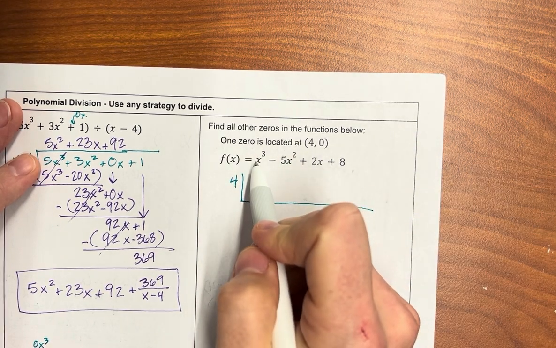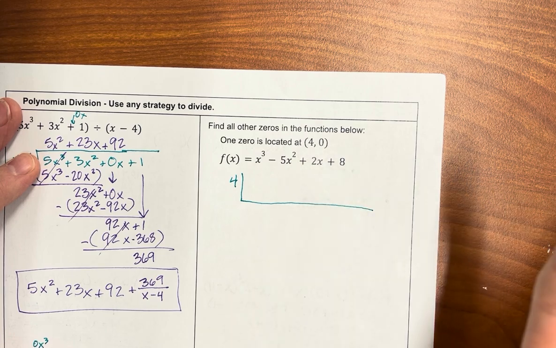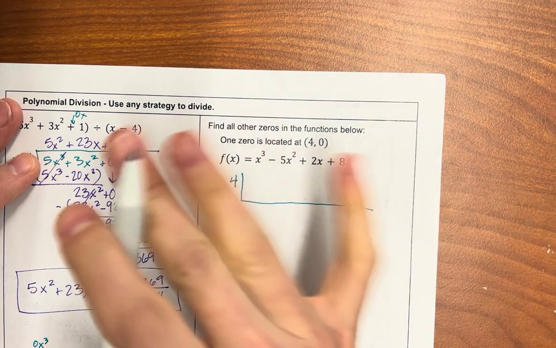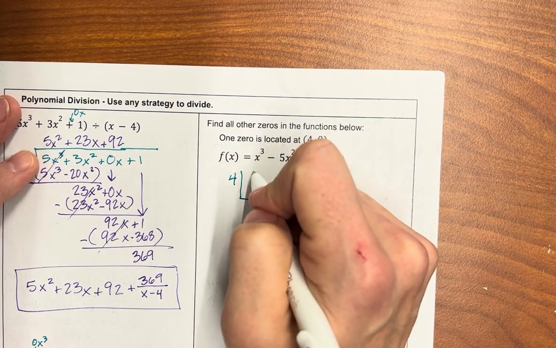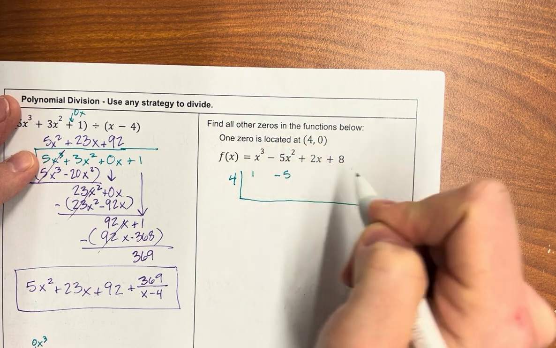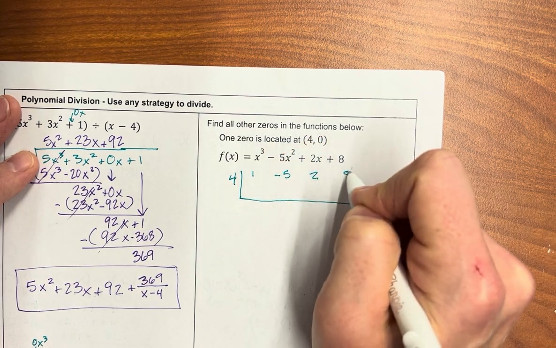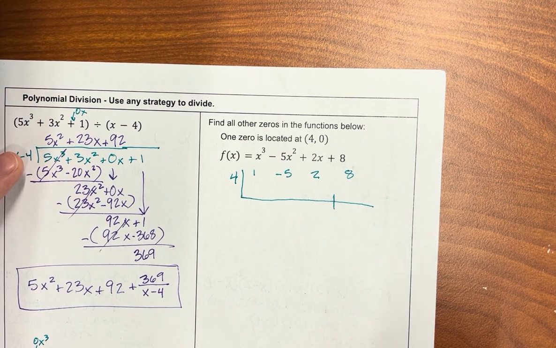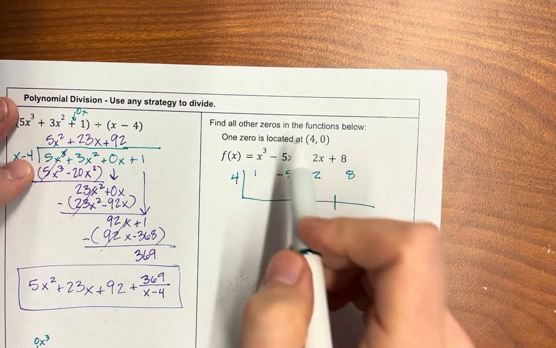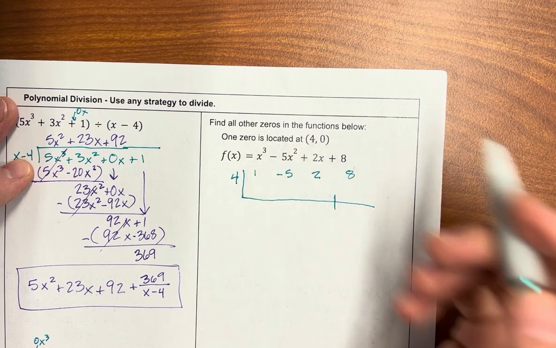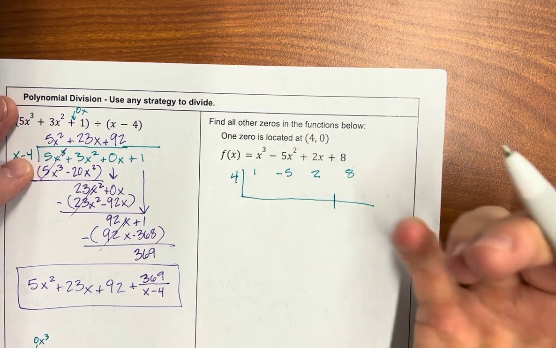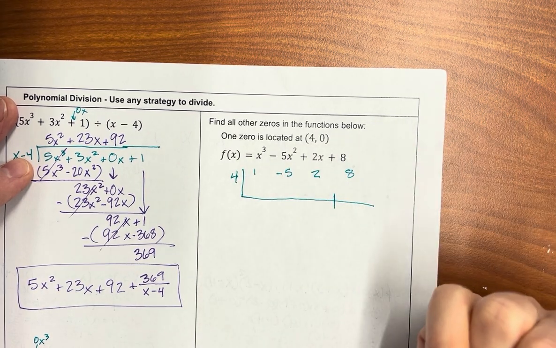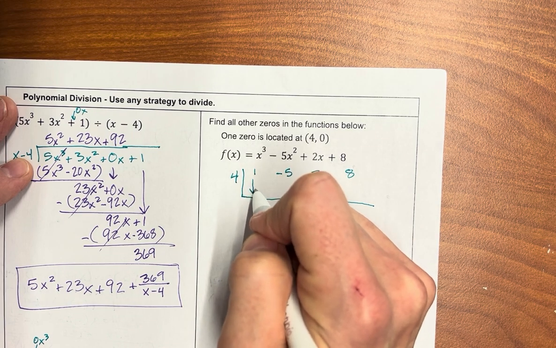And then I'm gonna see, okay, I've got x cubed, x squared, x, and then a constant, so we're good. I don't have to add any zeros. So this is 1x cubed minus 5x squared, 2x, and 8. This line's gonna tell me where my remainder cuts off. And if 4 is a 0, there should be no remainder. If you get a remainder, it went wrong. So double check your work.